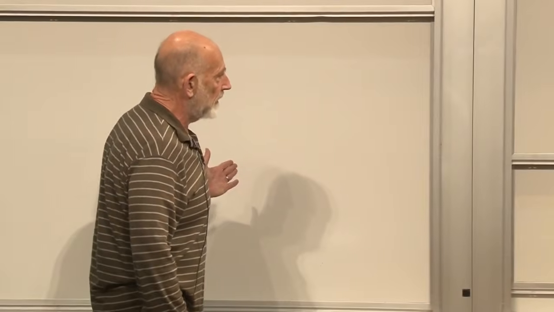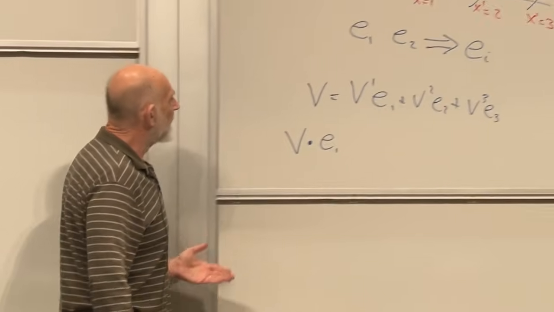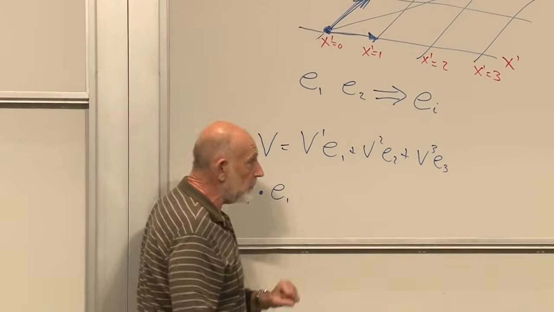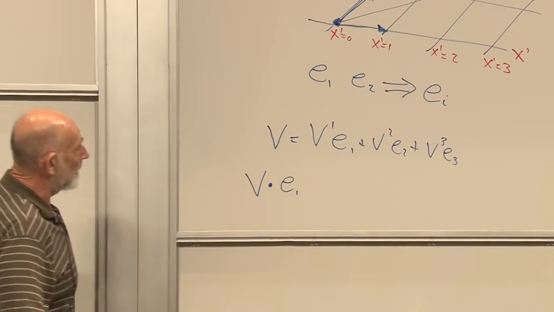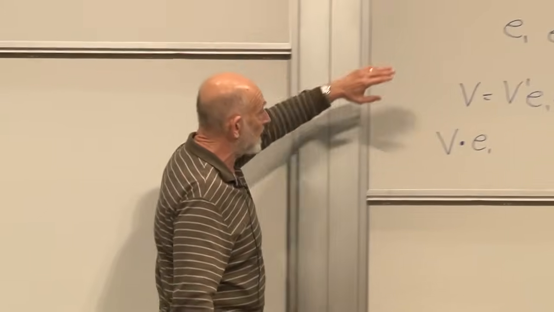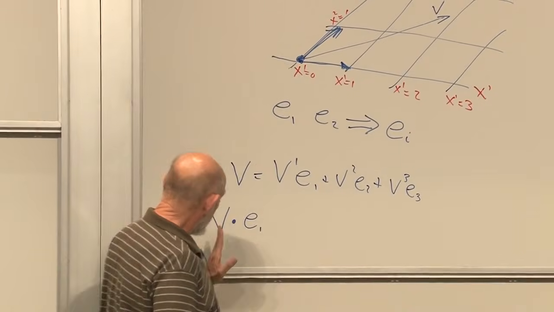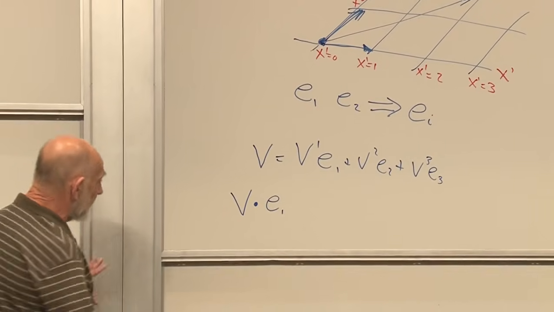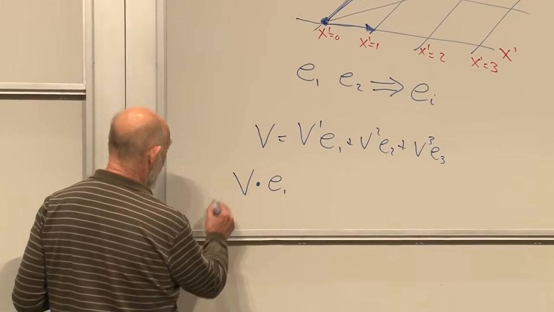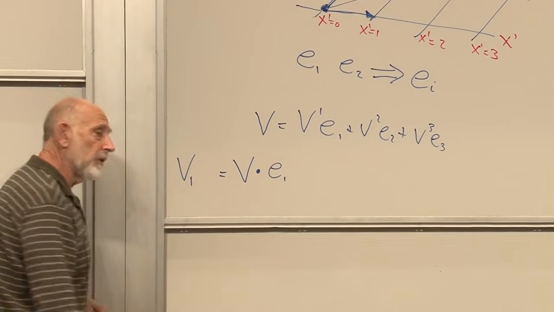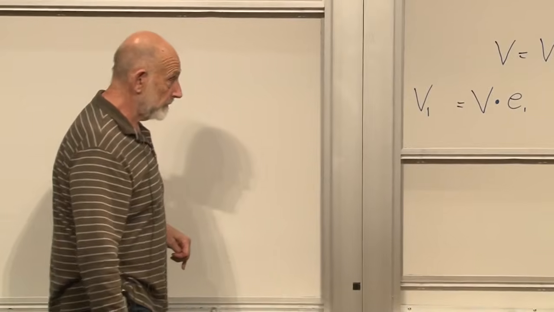However, when we have a peculiar coordinate system with angles and with non-unit separations between the successive coordinate lines, this is not true. So let's see if we can work out what V dot E1 is. Incidentally, V dot E1 is called V sub 1 with a covariant index.